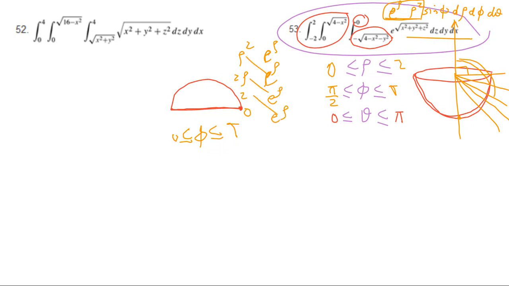Plus and minus, then plus. So rho squared e to the power rho minus 2 rho e to the power rho plus 2 e to the power rho from 0 to 2.